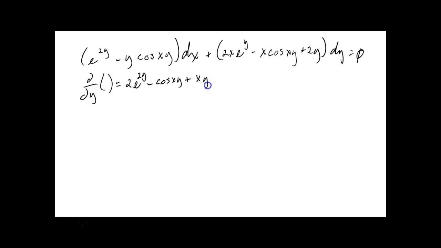Excellent. xy sine of xy. Perfect. Now, what's the second part of the test? Partial of N with respect to x, exactly. And what does that give us?